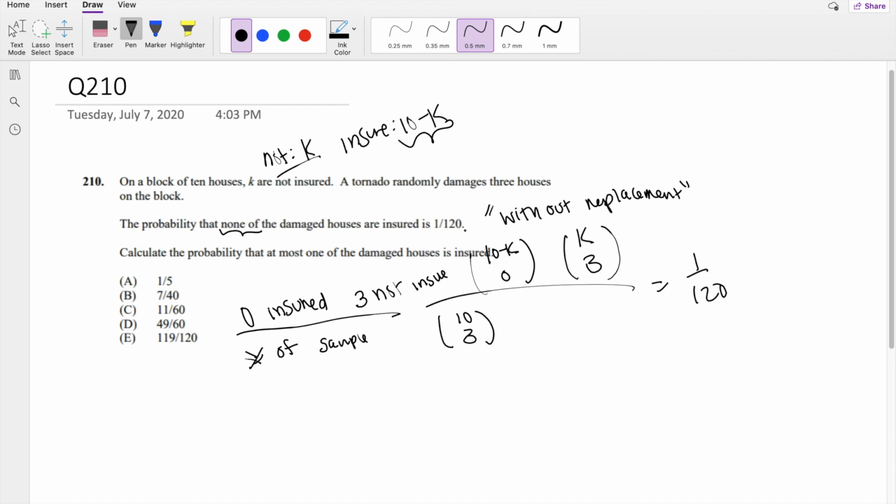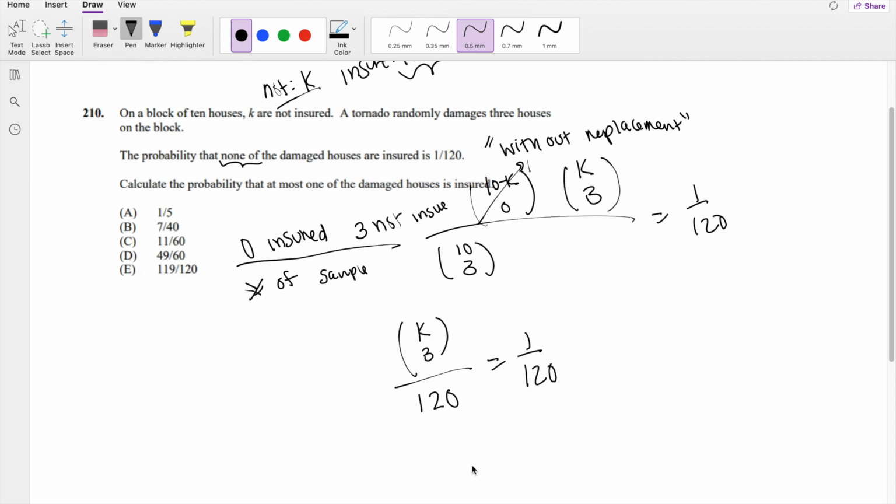We know anything choose 0 is just 1. So you're left with k choose 3 over 10 choose 3, which is 120, equal to 1 over 120. So basically this is saying k choose 3 is equal to 1.